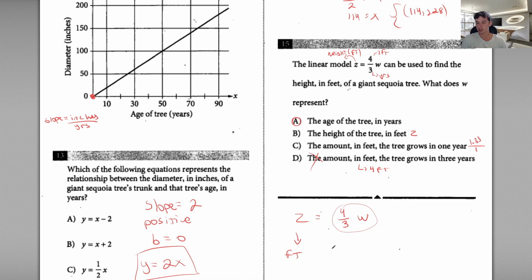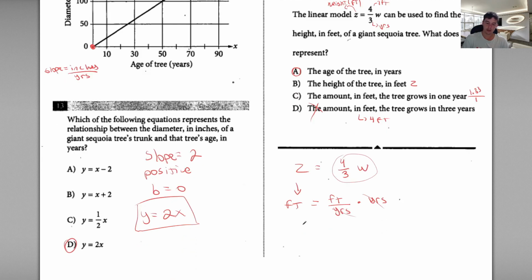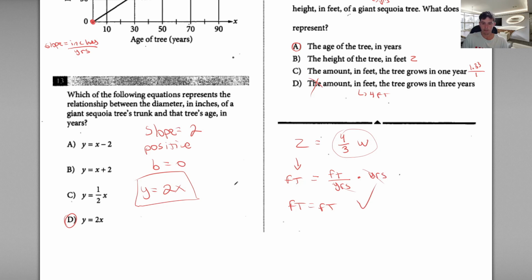Otherwise, this equality would not make sense, okay? So we know that 4 is feet, 3 is years. So the only thing W can be is years. Why? Because years will cancel out with years, and then feet would equal feet. So it makes sense, okay?